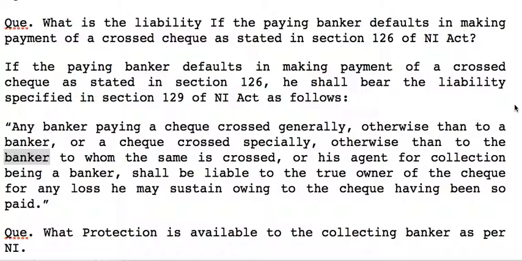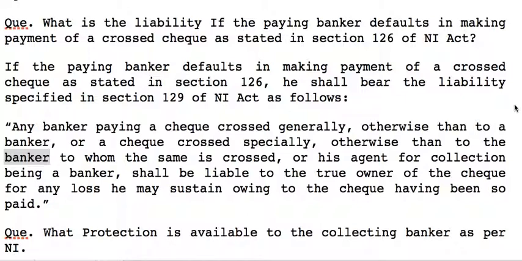Very simple. Section 129 says that in case a banker fails to make payment as per the instructions on the check relating to crossing, meaning if the check is crossed generally, it should be paid to any banker. It should be collected by any banker.